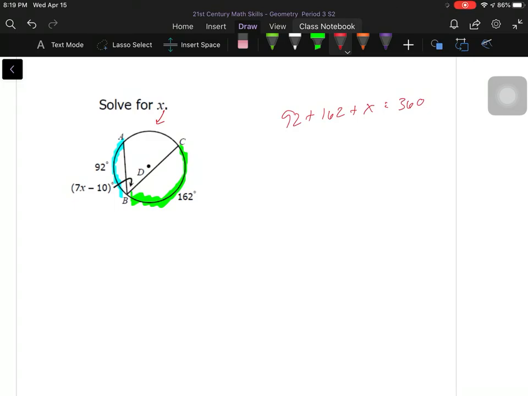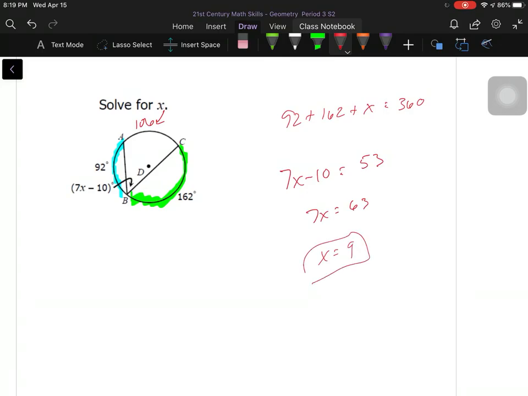So 360 minus 92 minus 162 is 106. So I know that arc measure is 106. So the angle is going to be half of that. So 7x minus 10. Half of 106 is 53. So 7x equals 63. So x equals 9.